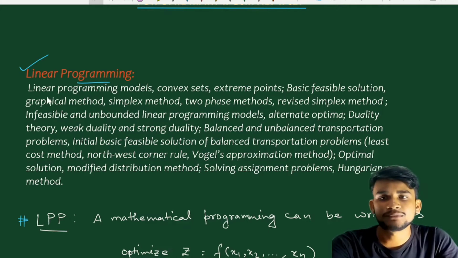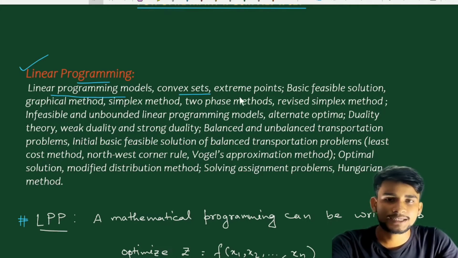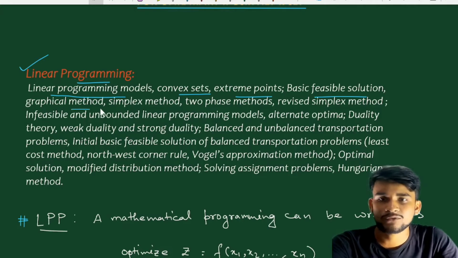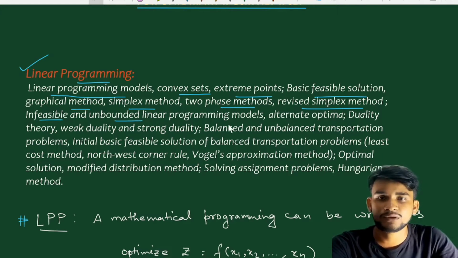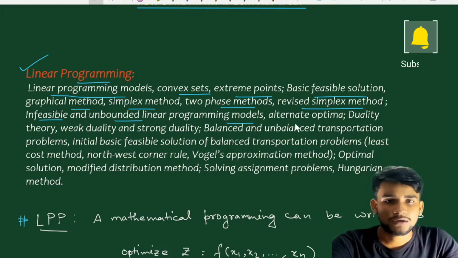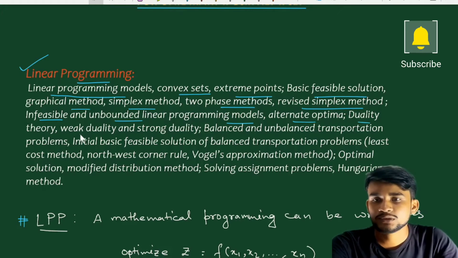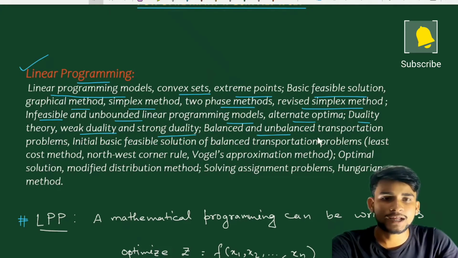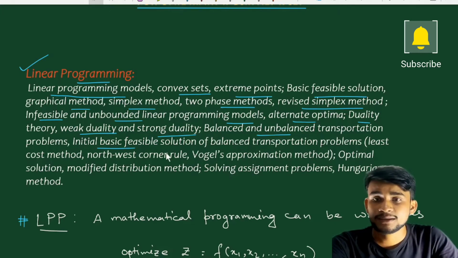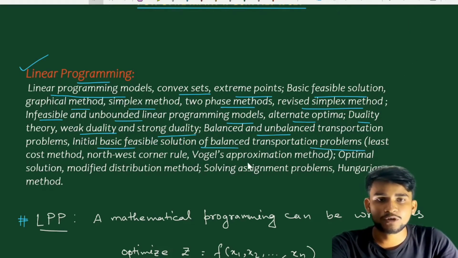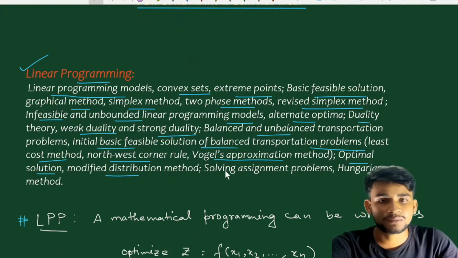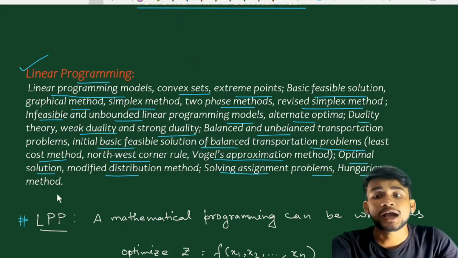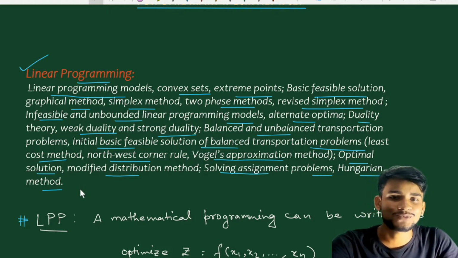Linear programming models, convex set, extreme points, basic feasible solution, graphical method, simplex method, two-phase method, revised simplex method, infeasible and unbounded linear programming models, alternate optima, duality theory, weak duality and strong duality, balanced and unbalanced transportation problems, initial basic feasible solution of balanced transportation problem, least cost method, northwest corner rule, Vogel approximation method and optimal solution, modified distribution method, solving assignment problems, and Hungarian method. So it is a big syllabus for the GATE exam.